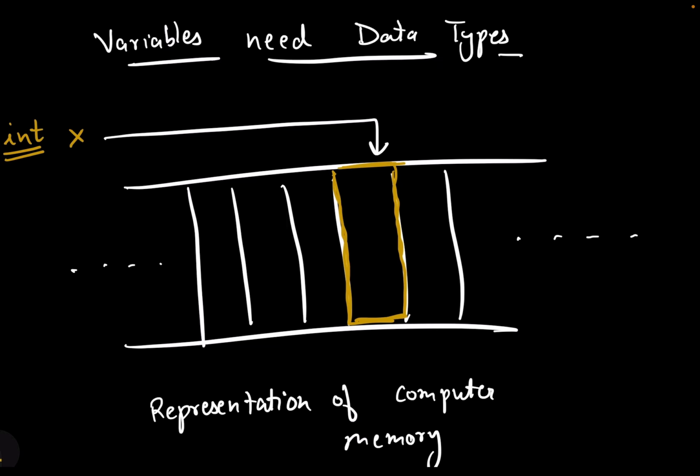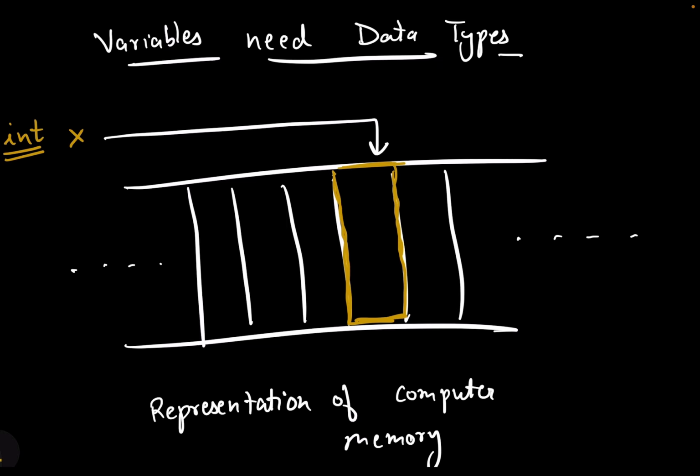So here, if I try to declare my variable x, I'll have to declare it as int x. What this will do is let the computer know that I want some memory location, and the computer will give me some memory location and call it x from now on. And the computer will also get to know that any value that I'm going to store in this memory location is always going to be of the type int, or an integer.